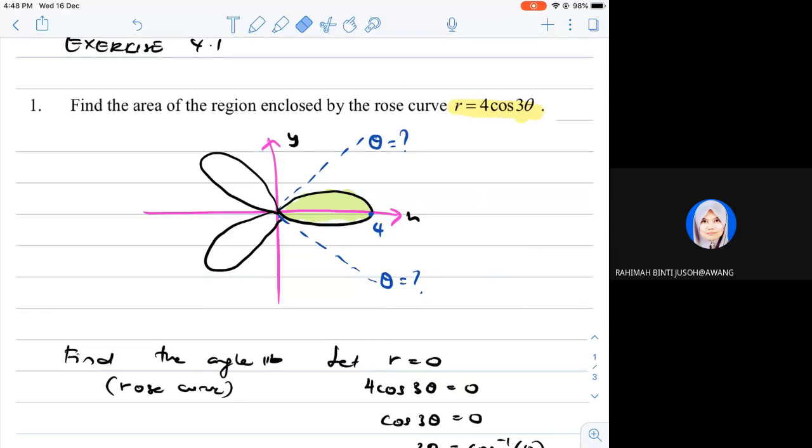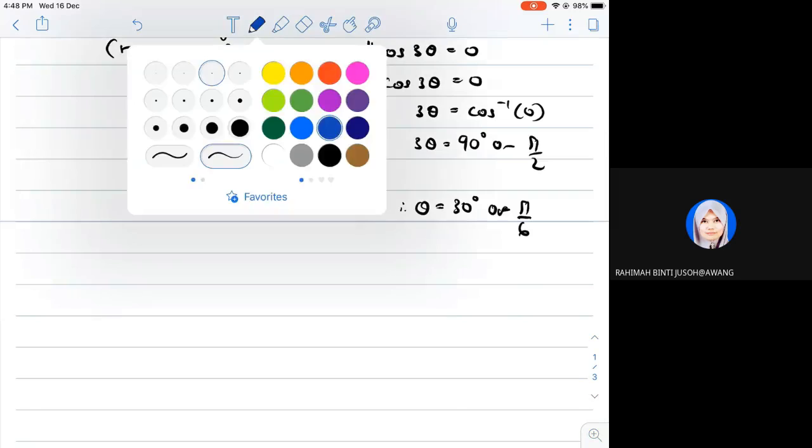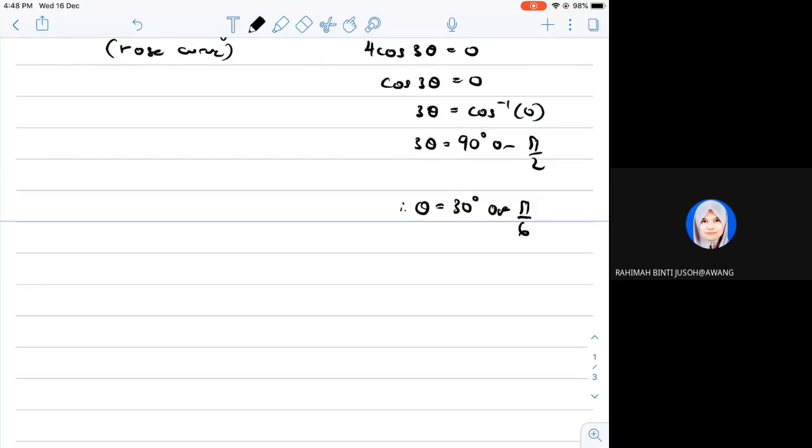Okay, so now right here we will have theta equals pi over 6. And what happens at the lower angle? It should be negative pi over 6. So pi over 6 and negative pi over 6. Now let us calculate the area.